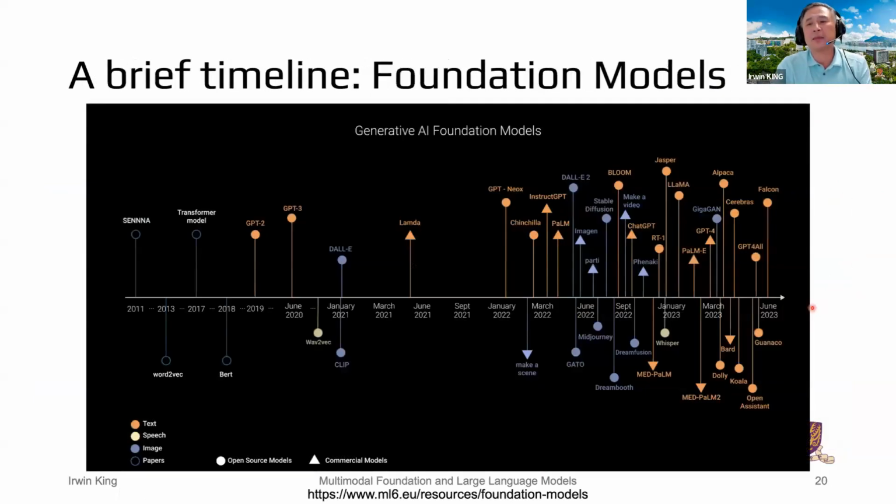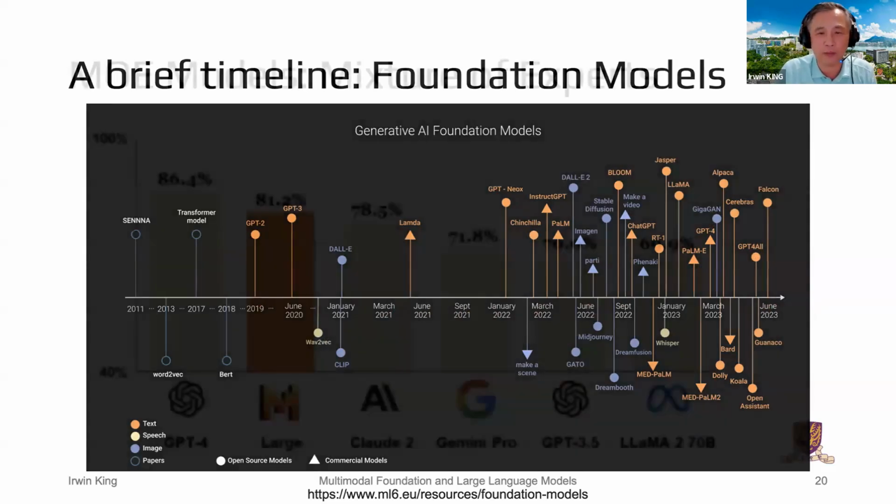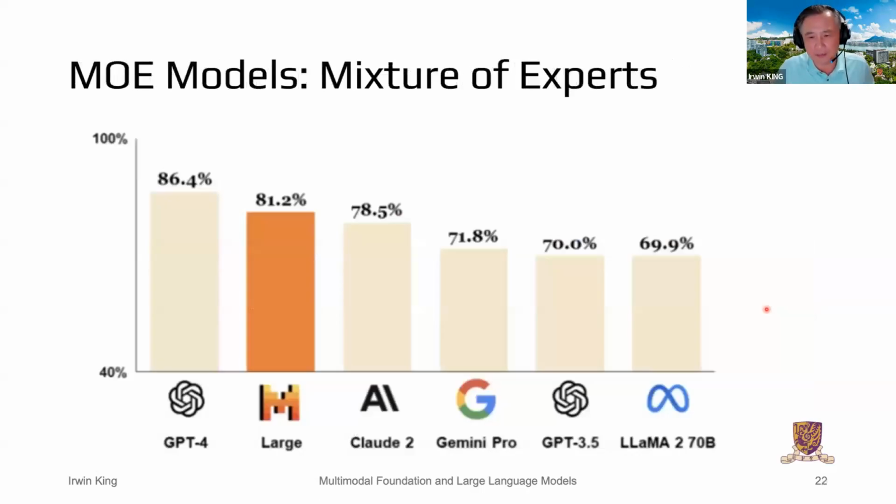And these are some of the foundation models right here. So Falcon, GPT-4, PaLM, DALL-E, and so on and so forth. These things happened in 2021 and until now. So this should be updated, but there were more and more models coming up.